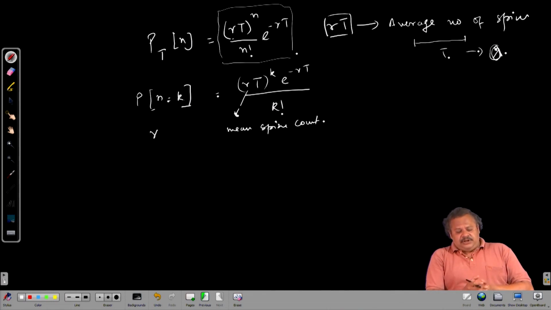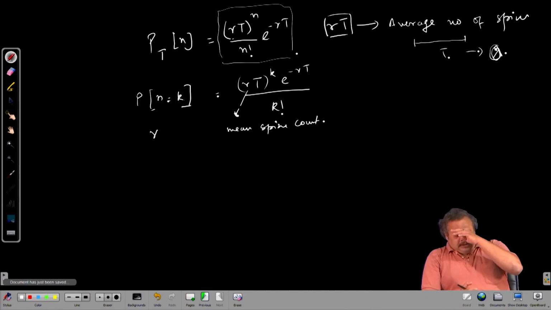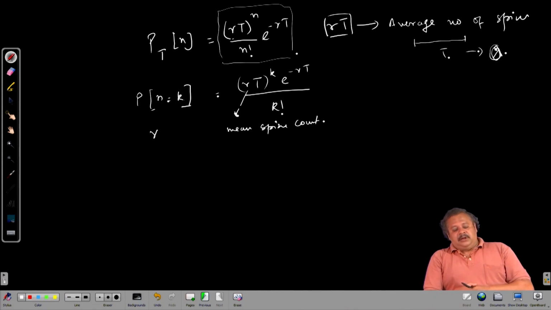And there are ways in which we can conclude that the distribution is Poisson, by looking at the mean and variance of the spike counts, and also by looking at interspike intervals.